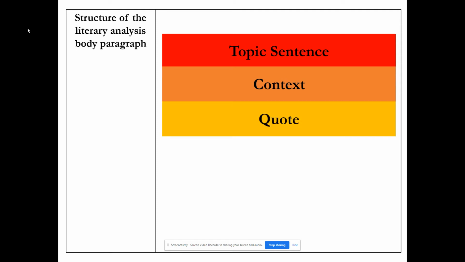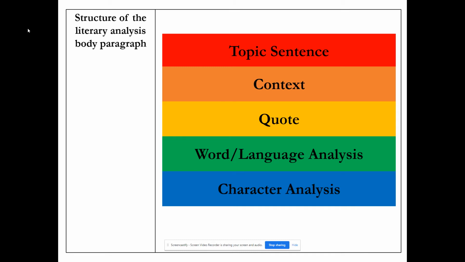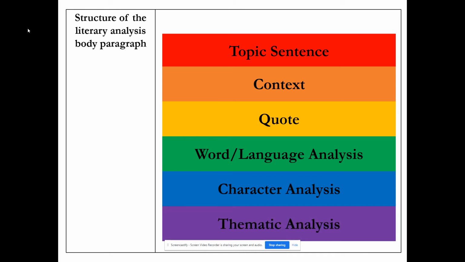So context and quote sort of go together. Then word analysis or language analysis. Some people might call it language analysis. That's fine. Then character analysis. Then thematic analysis. So a paragraph that has all 6 of these pieces is likely to be a very solid literary analysis paragraph, even if it's not very long.